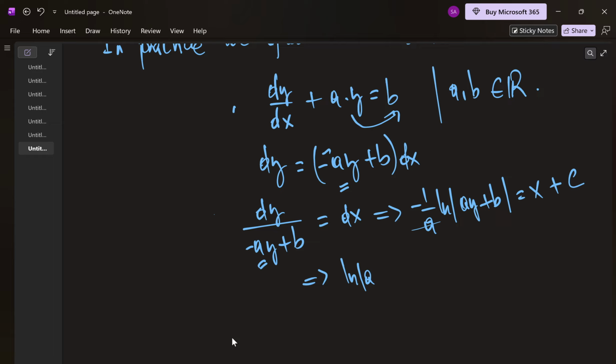Anyone answer the question, please? If you take the integral of this guy here, what do you get?